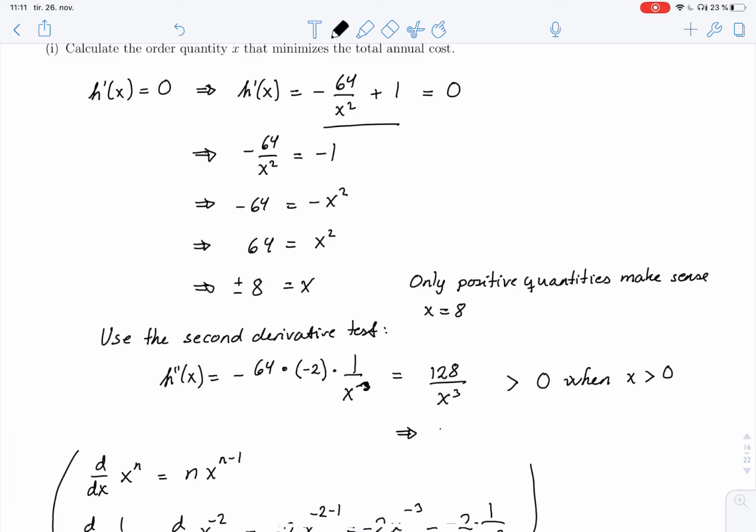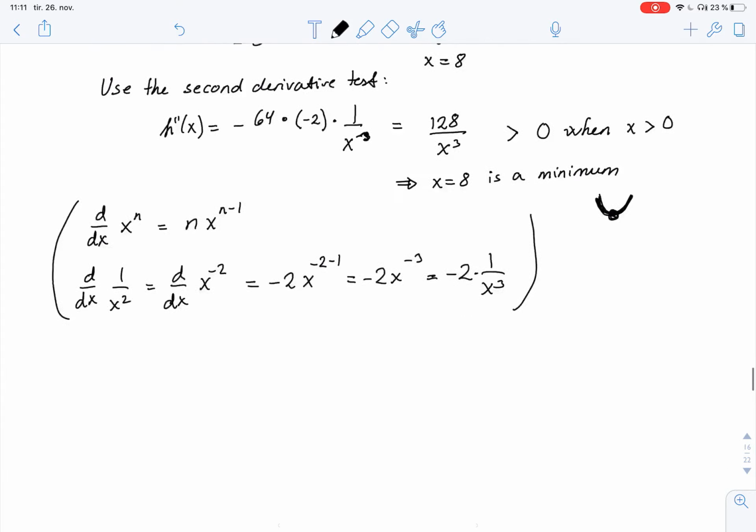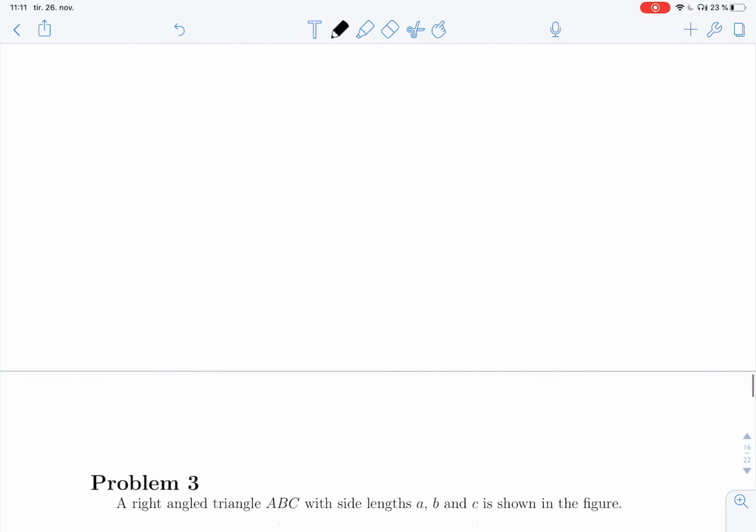So this means that x equals 8 is a minimum, because when it's larger than 0, the graph is concave up and we get a minimum. And that's it.